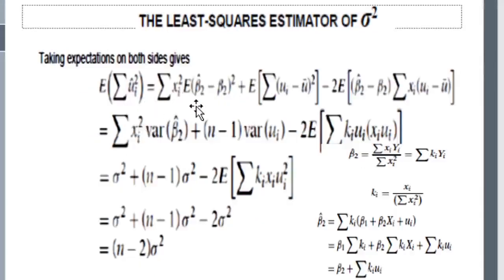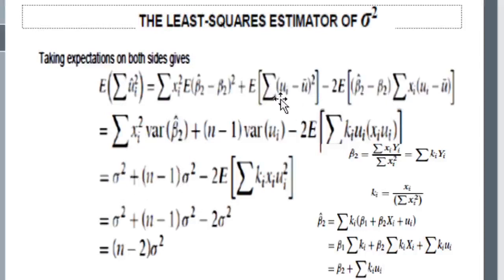Then the first term is sigma xi square into the expected value of (beta 2 cap minus beta 2) the whole square. This is the variance of beta 2 cap, and the variance of beta 2 cap is defined as sigma square by sigma xi square. Then this sigma xi square will cancel out, the remaining portion is sigma square, then (n minus 1) into sigma square.